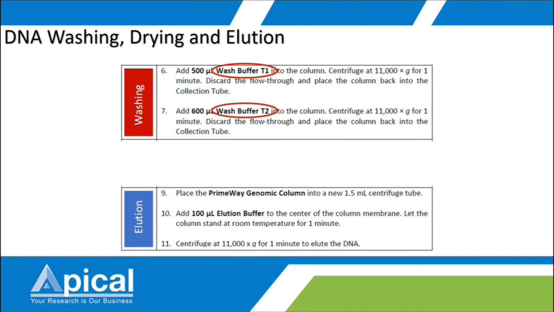In Primeway, we actually use two washing buffers, and one of them, wash buffer T1, carries isopropanol. Isopropanol works better than ethanol to precipitate protein, so it helps to remove protein from the DNA.